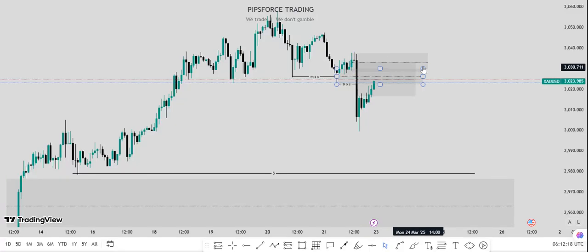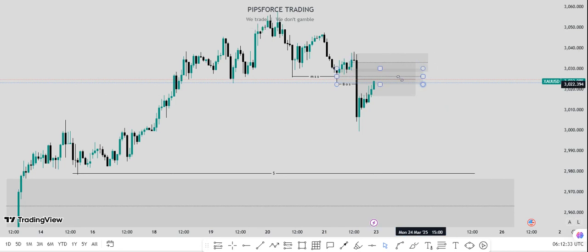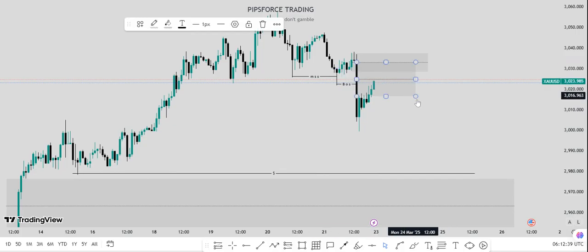So if price gets into any of these institutional levels, for now, let's pick one to do our example, right? Let's use the order block. Let me take off this and this one too.